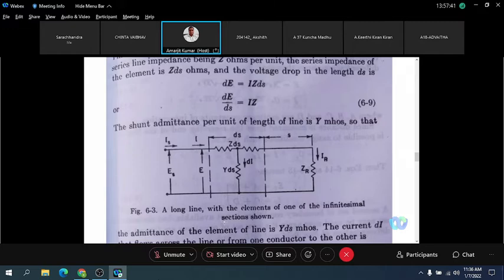The voltage between two conductors is E and the current along the line is I. Here the current will be I and here it will be I plus dI. So basically the voltage and current will change. The current flowing around the loop, if you consider one cascaded T section, will not be constant.